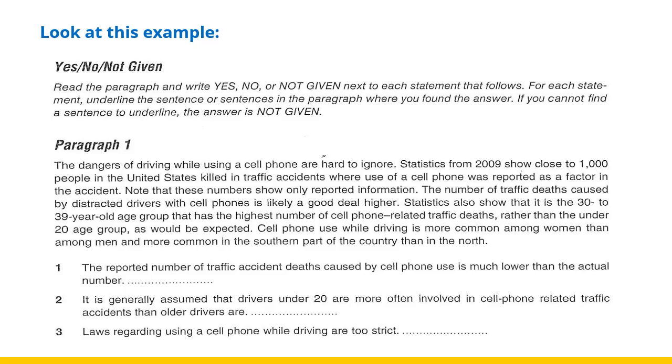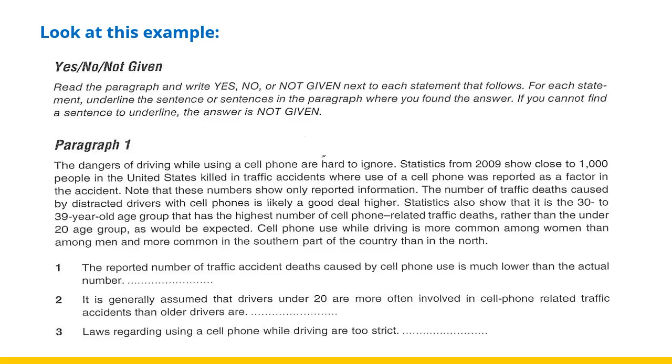So also, actually, I'm sorry guys, it's not false, it's going to be no. So don't make the same mistake. It can be really confusing with yes, no, and true and false. So when you're writing down your answers, make sure you write no, yes, or not given, because if you write down false, even though it's no, it's going to be a mistake.